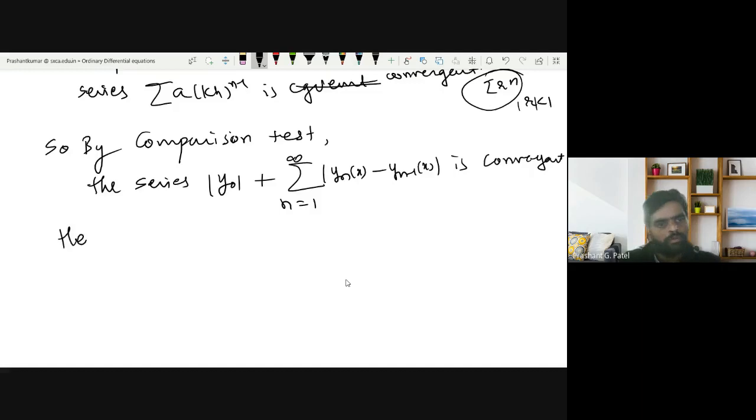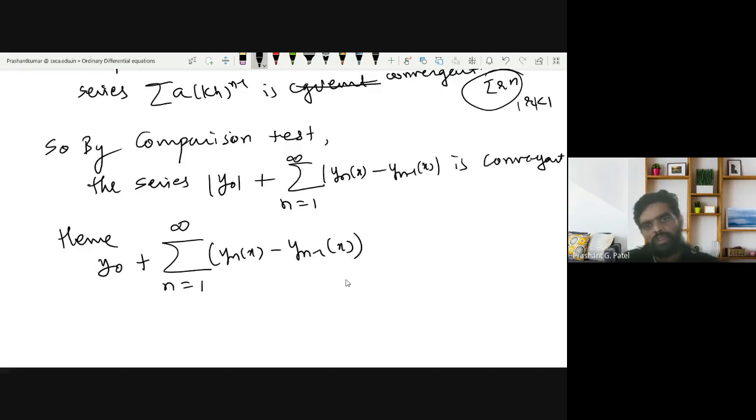So hence the series summation 1 to infinity y0 plus yn of x minus yn minus 1 of x is convergent. So this series is convergent. Let us say that this series converges to y.